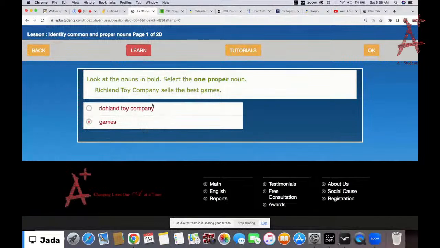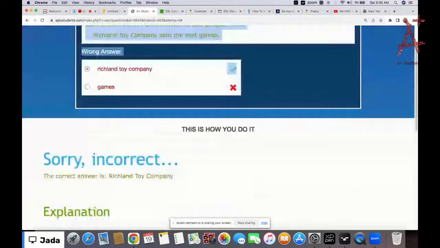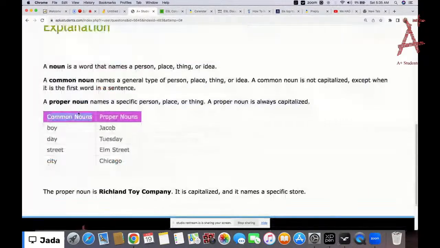Okay. But you guys are getting confused now, because wait, let's click on games and see. So you see that games is wrong. Why? Because games is a common noun. Now note the difference, okay? See the common nouns here: boy, day, street, city. And proper nouns are always in capital letter.